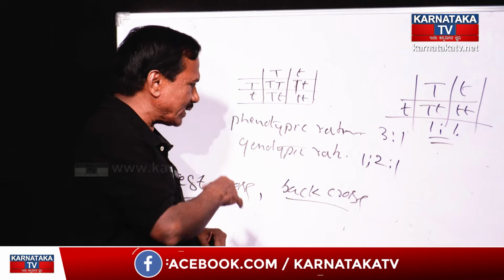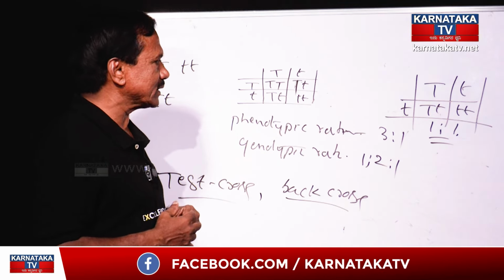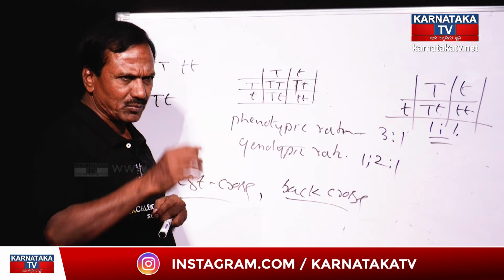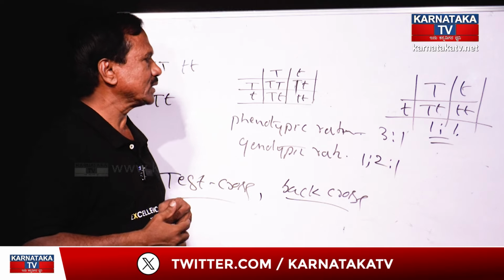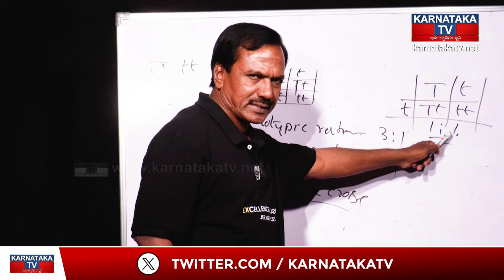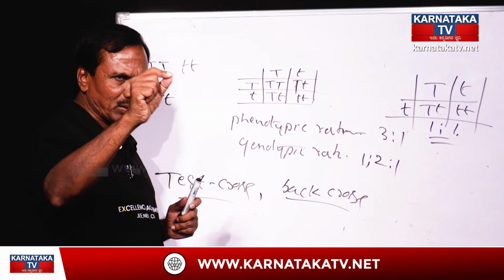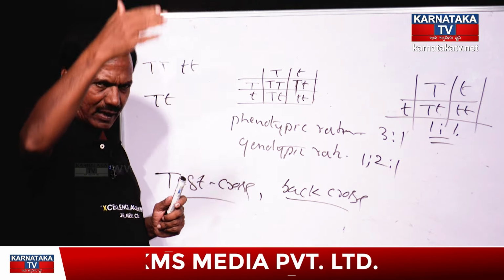Based on this one gene experiment, there are so many CET and NEET questions. For example, the test cross ratio of the one gene inheritance experiment is, there will be 4 answers. Out of that, 1:1 is the correct answer. The phenotypic ratio of the monohybrid cross experiment, or one gene inheritance experiment, there are 4 answers.